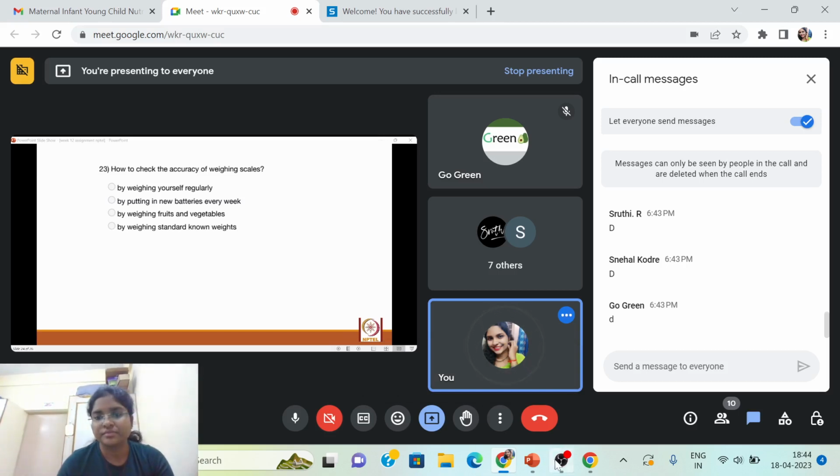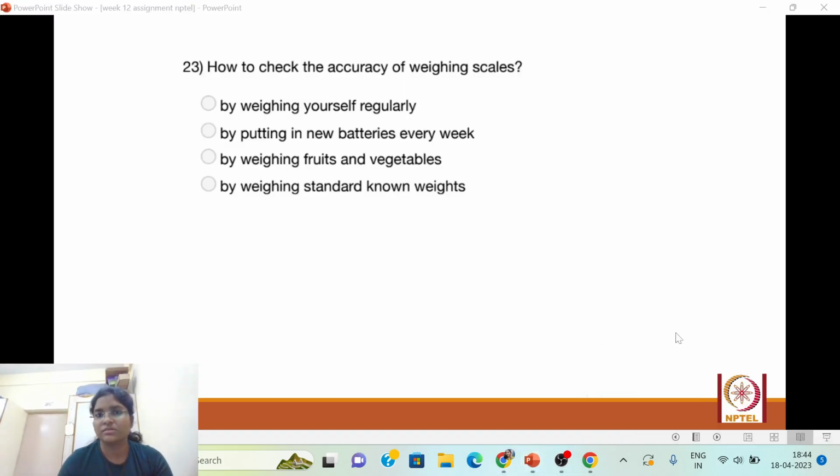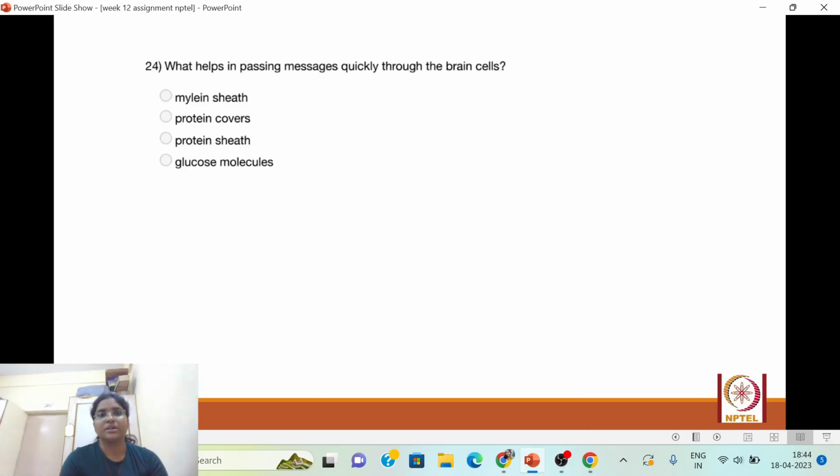D. So we can check the accuracy of weighing scales by weighing some standard known weights, by weighing weights whose weights are already known, right?